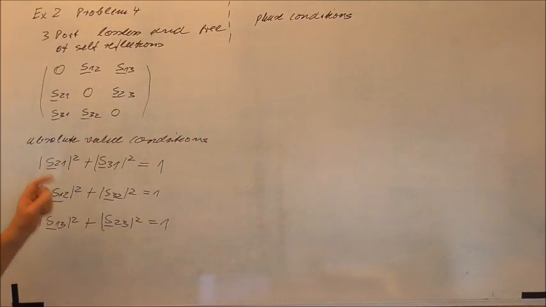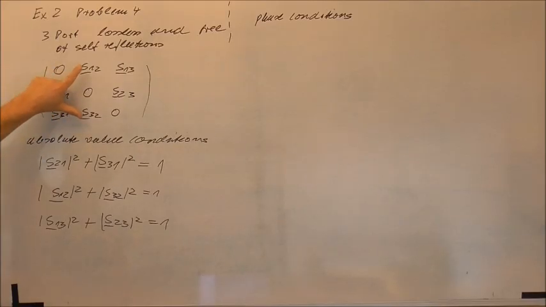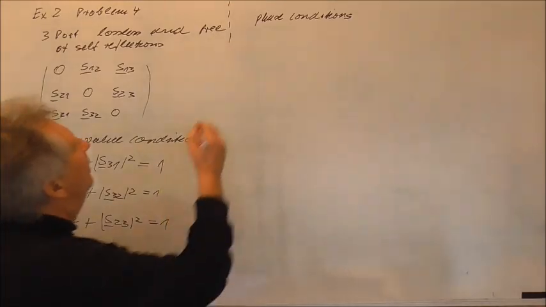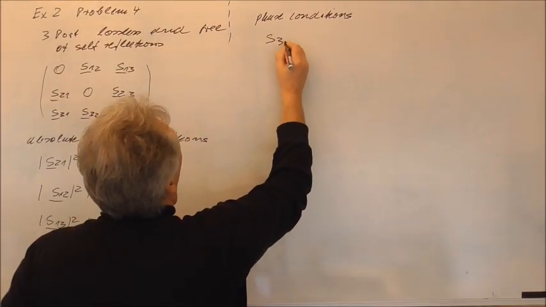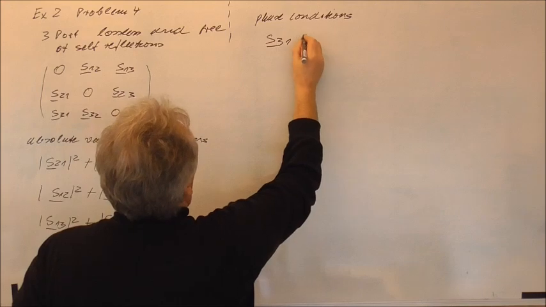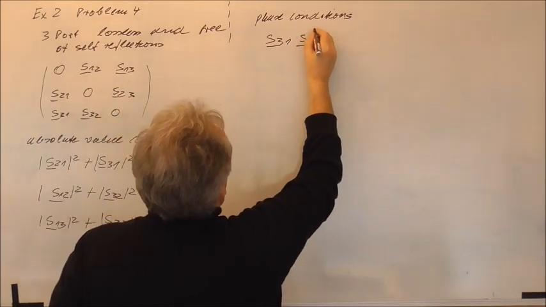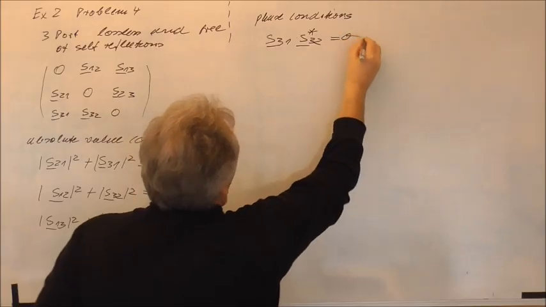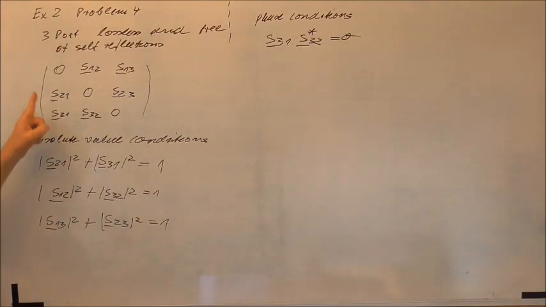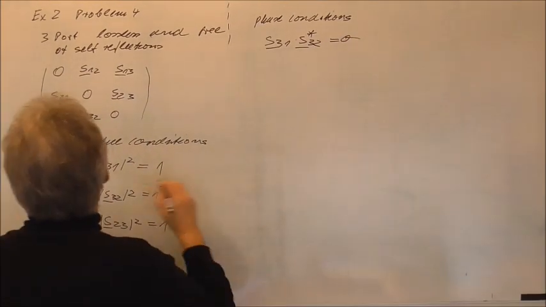And the phase conditions are here quite easy. So you see, if you take this column vector times the conjugate complex of this column vector, then this ends up in a 0, this ends up in a 0, and you only have S31 times S32 conjugate complex must be 0. This is the first phase condition. Then we have the second phase condition.